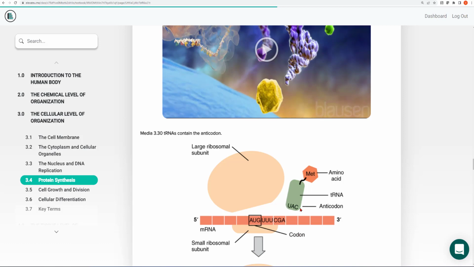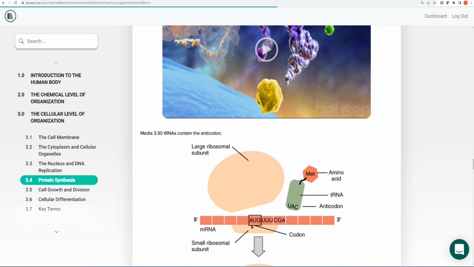The tRNA, shown here in the green, is also made of RNA, and it has on one end of it a three-letter sequence, a triplet, called the anticodon. And notice that this particular anticodon is UAC. Well, UAC is the perfect complementary match to AUG.